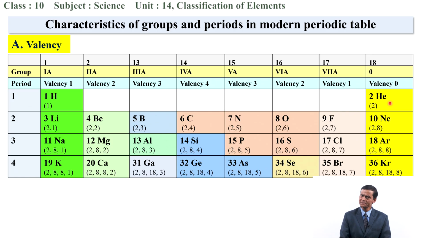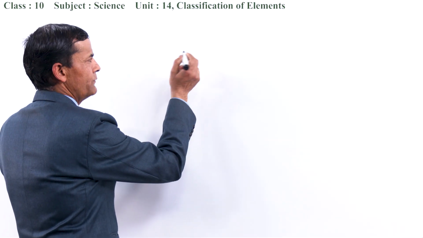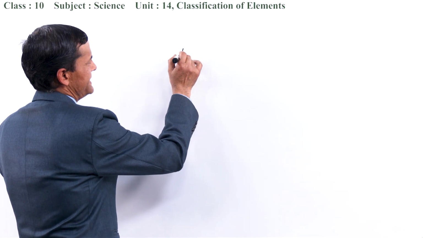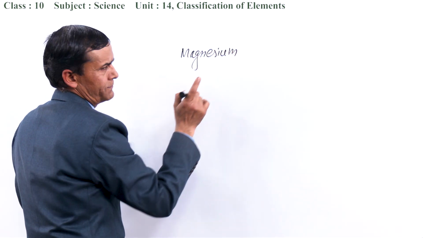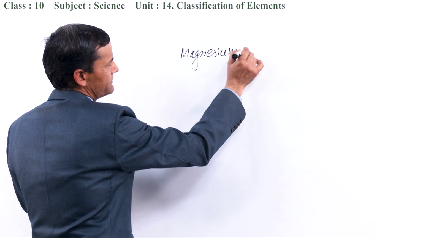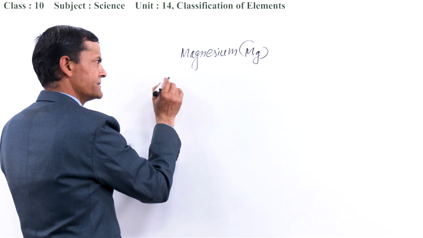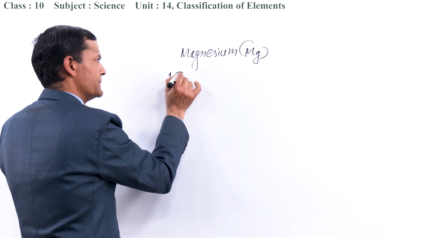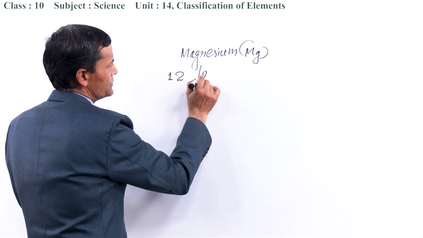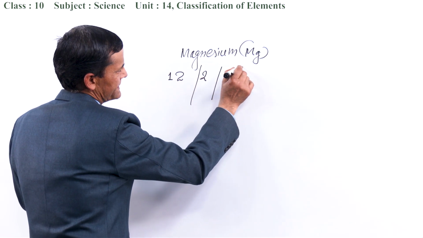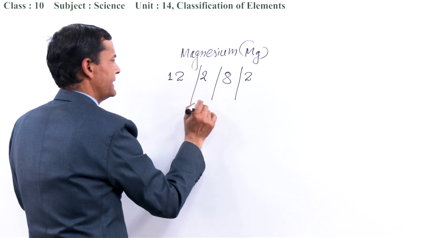But how is it possible? Yes, let's see one example. Dear students, let's see one example of magnesium. What is the atomic number of magnesium? Yes, atomic number is 12. Magnesium 12. So its electronic configuration is 2, 8 and 2, isn't it?